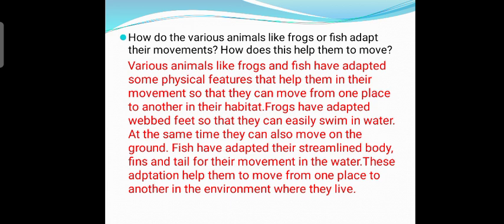These adaptations help them to move from one place to another in the environment where they live. Students, we already saw the significance of streamlined body in case of birds and fish. Such type of body will help the birds to fly and the fish to swim without any resistance or with the least resistance.